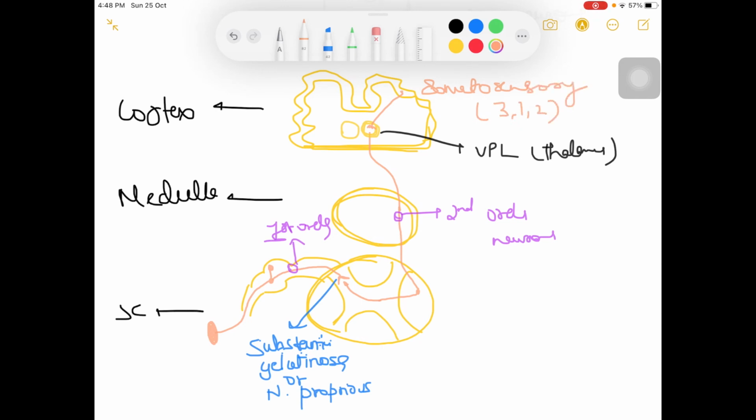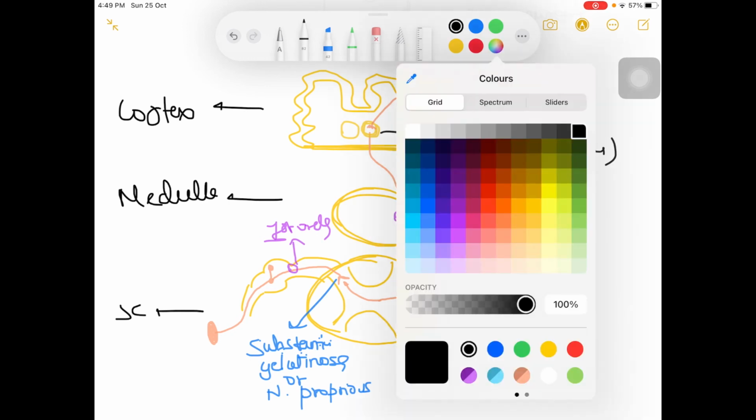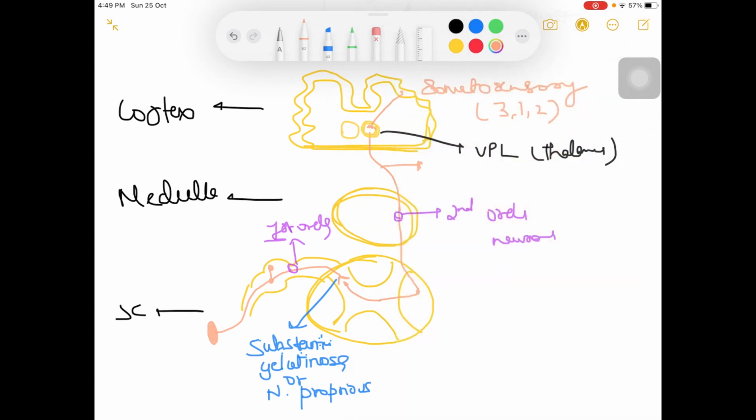Okay, now what is different in this? So now decussation already happened at the level of spinal cord. There the decussation would happen at the level of medulla. Now what is another difference? Before the VPL, the collaterals would also go to where? They would go to reticular formation.